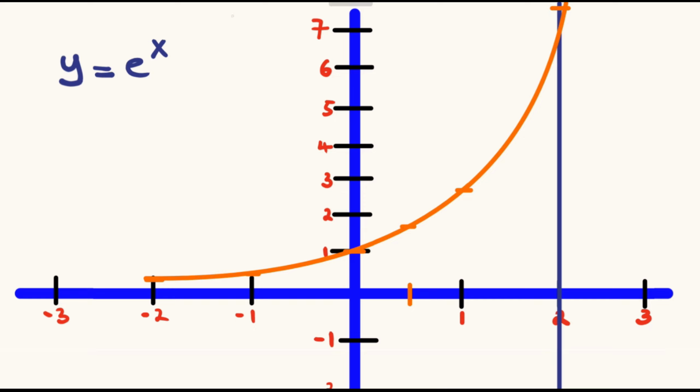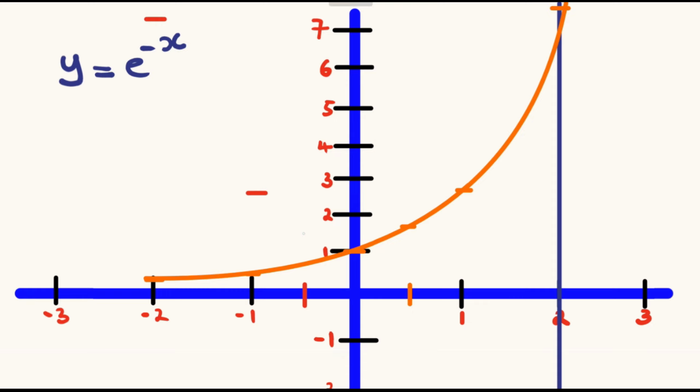Let's draw the graph y equals e to the power negative x. When x is equal negative 2, y will be equal 7,3891, which will be somewhere up there. And when x is negative 1, y will be 2,71. And let's have negative 0,5.